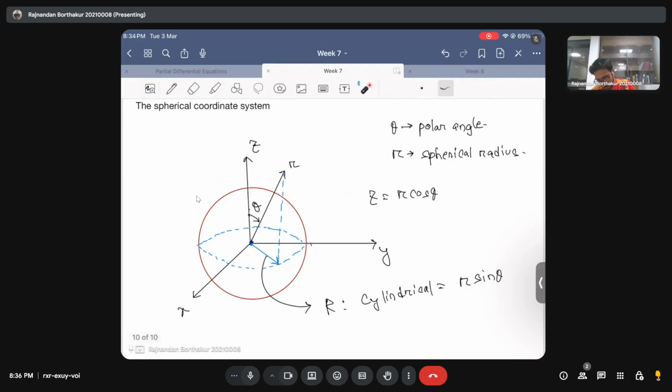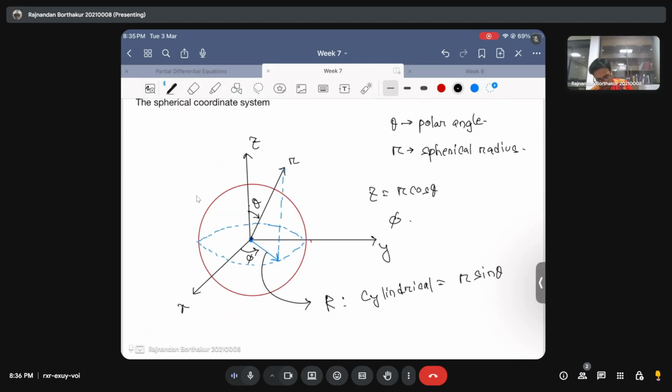Then the angle that this projection of r makes with the x-axis, this is something that we call phi. And this angle phi is known as the azimuthal angle.